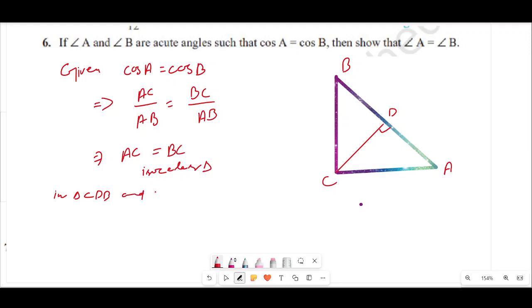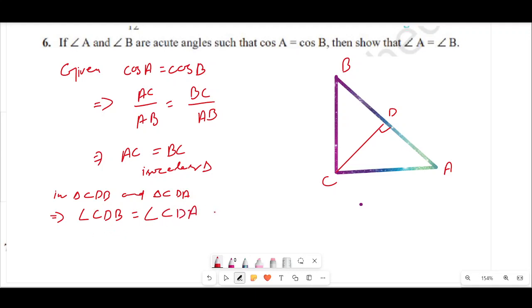in CDB, that means CDA, triangle CDA. What will we get? We get angle CDB equal to angle CDA. Clear?